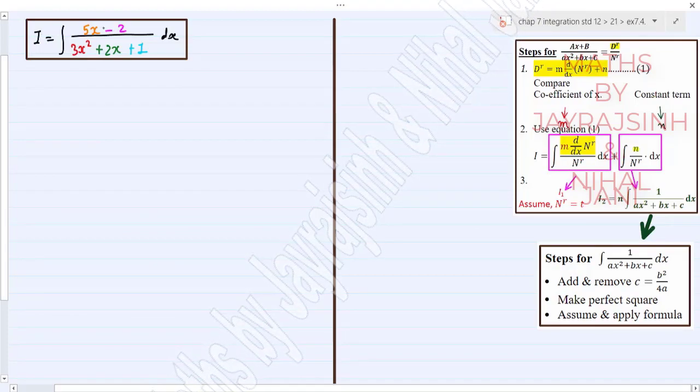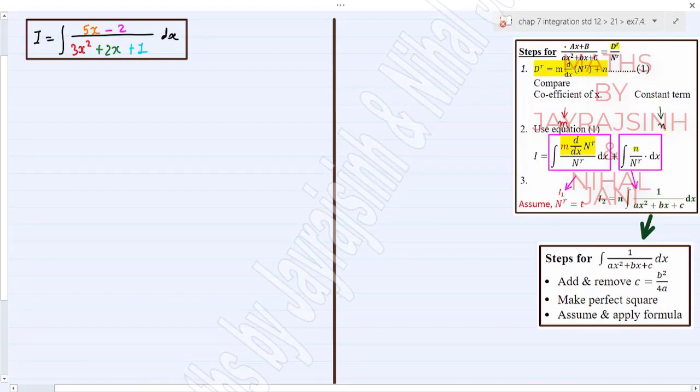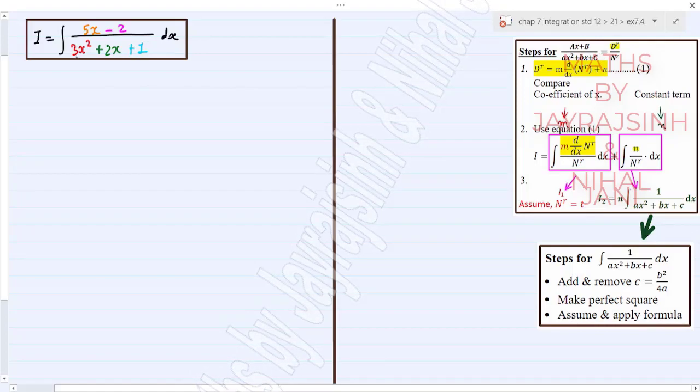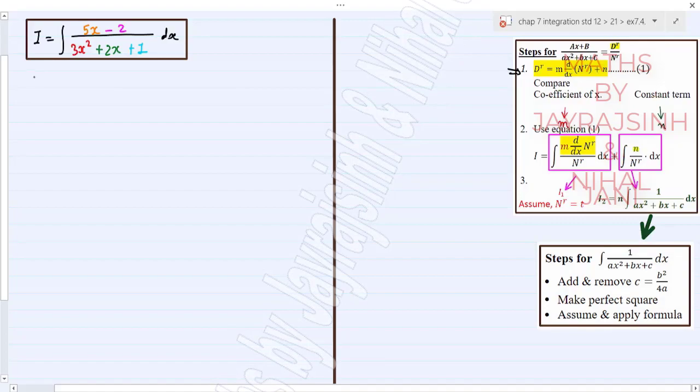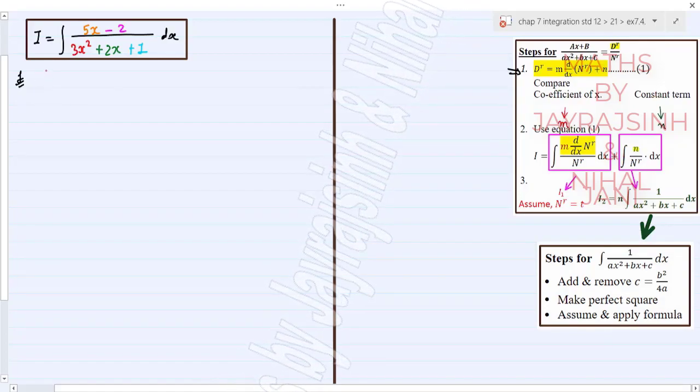Here we have to integrate 5x minus 2 upon 3x square plus 2x plus 1, which is in the form of ax plus b upon ax square plus bx plus c. So let's follow its steps. Our first step is get the numerator in terms of differentiation of denominator.